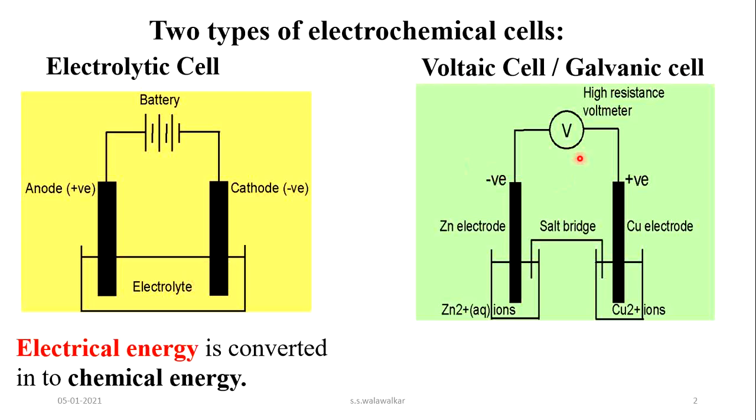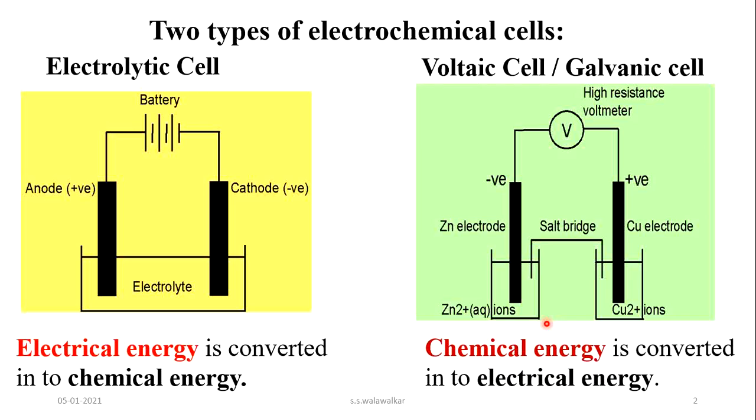Now, in case of galvanic cell, electricity is generated from a spontaneous chemical reaction, and at anode oxidation takes place, and you know that oxidation means loss of electron.